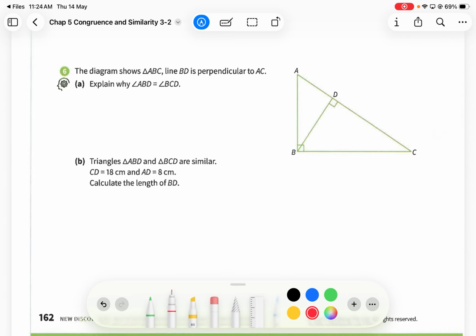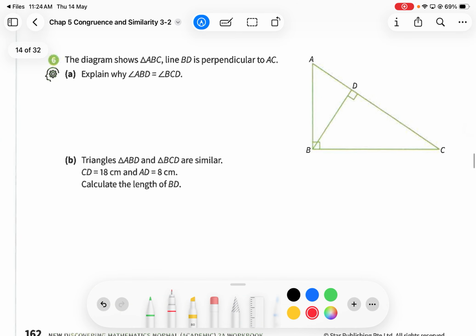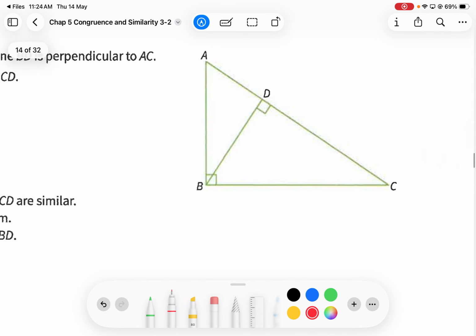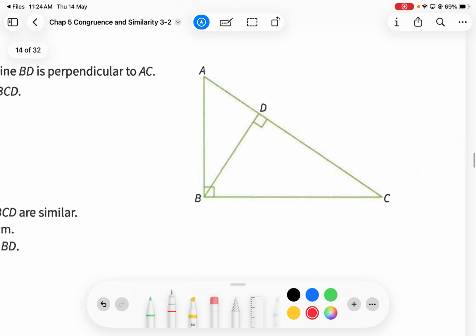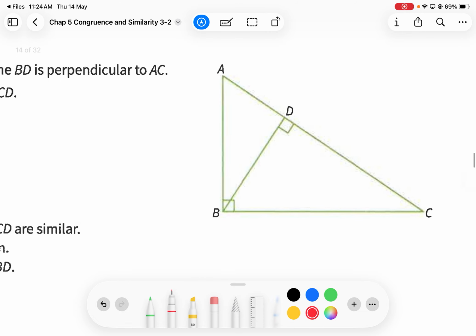Okay, question 6. Okay, this question is actually an express question.